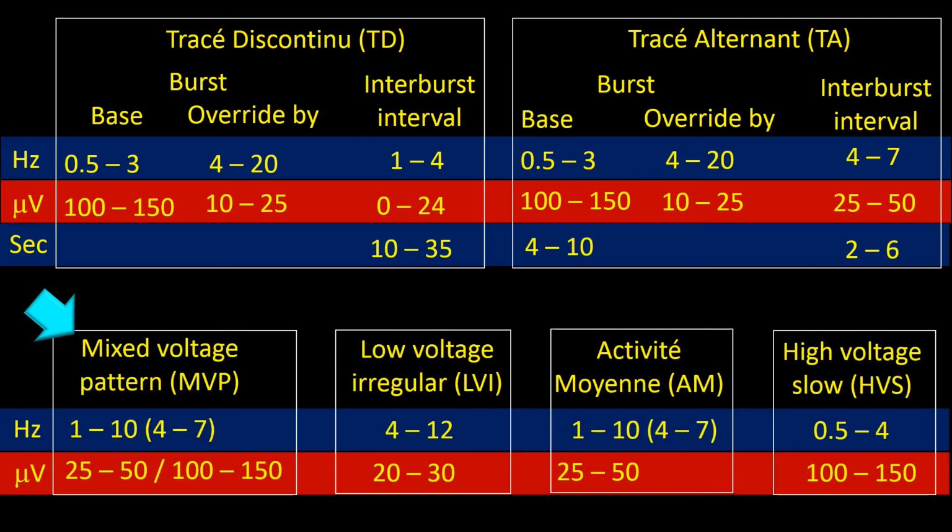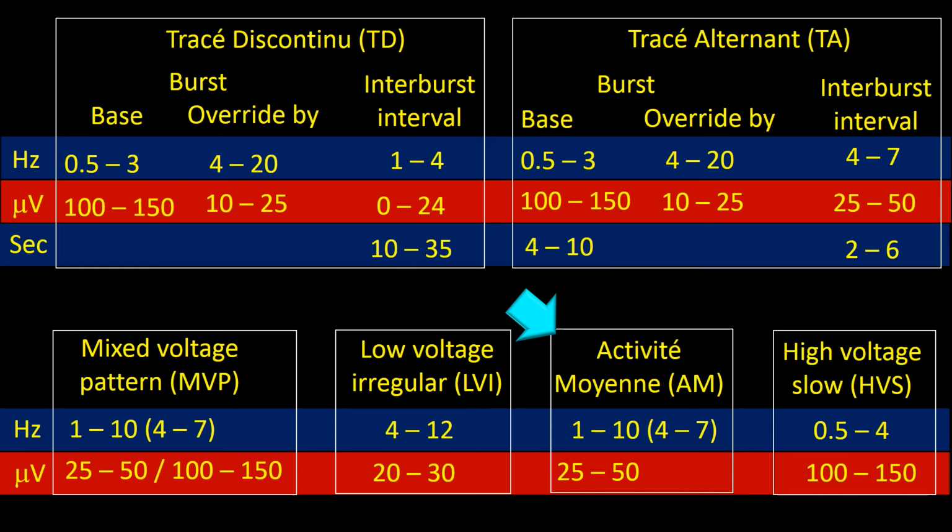Mixed voltage pattern consists of high and medium waves that are side by side, forming a continuous rhythmic activity of alternating amplitudes. Activité moyenne has a bigger repertoire of brain wave frequencies than mixed voltage pattern.